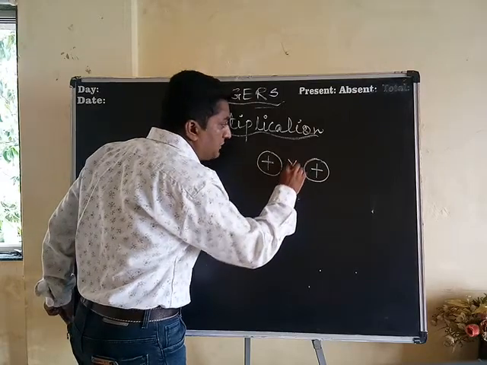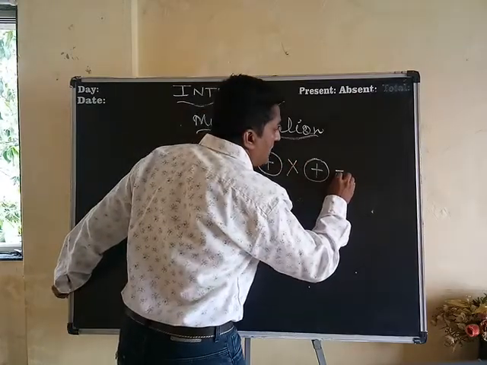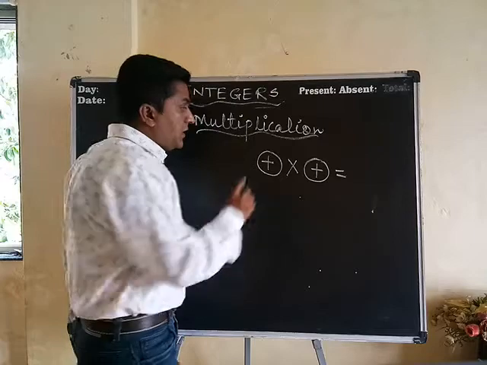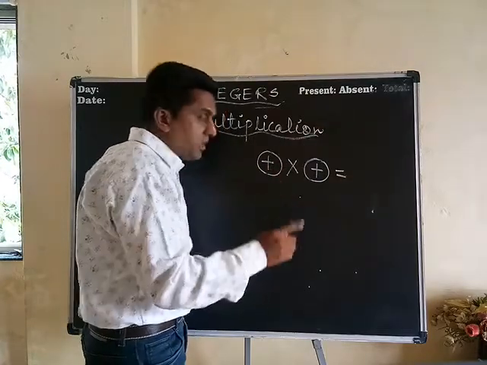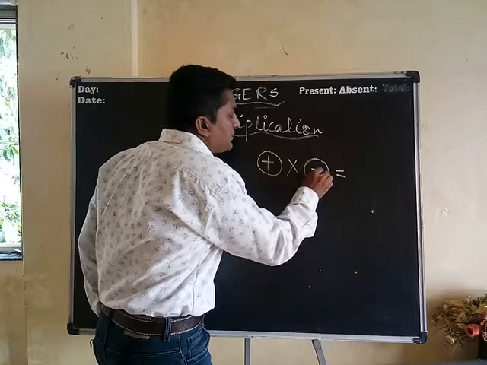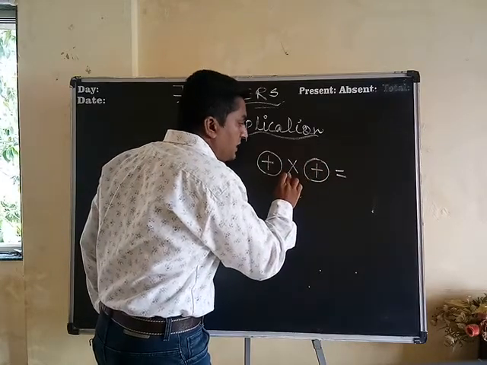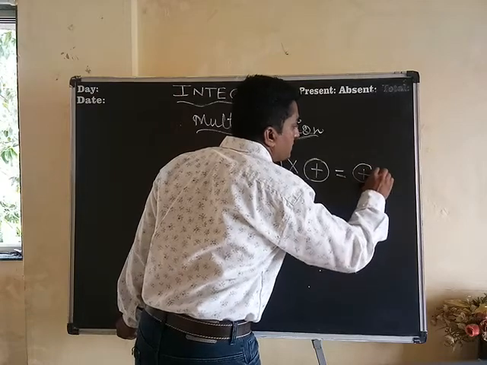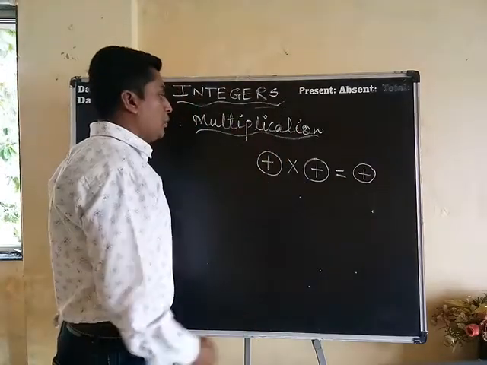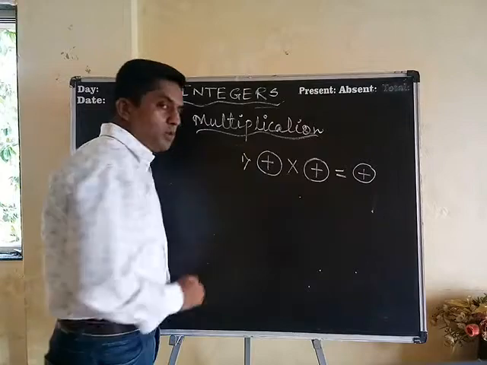If they are to be multiplied, multiply them, and while writing the answer, first multiply the numbers and write down the answer. After writing down the answer, two positive signs multiplied, to the answer you have to give a positive sign. This is your rule number 1.